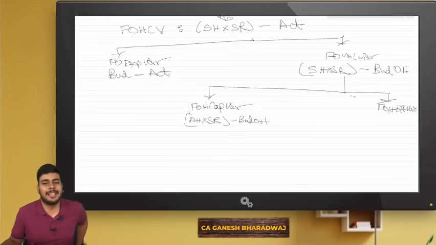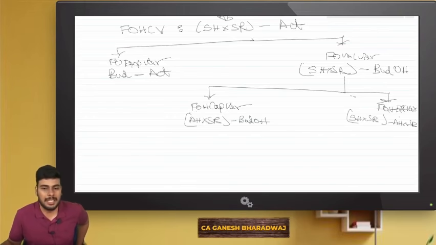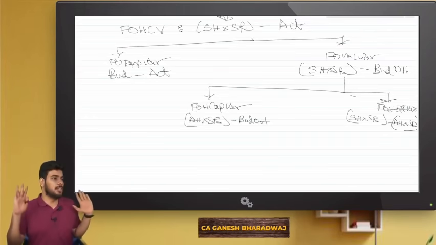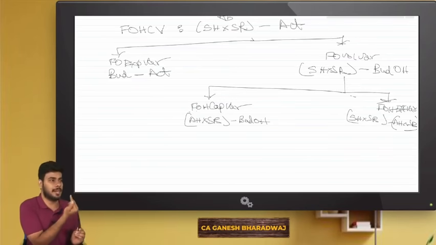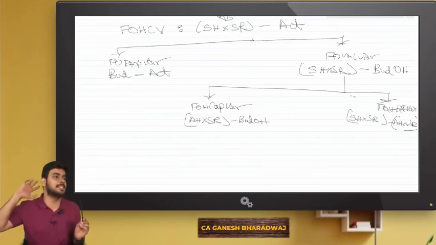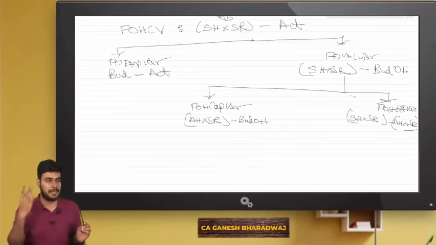Correct or not? And this is the balancing figure: SH into SR minus AH into SR. This is what we saw. Clear, guys? Now, one more addition I will make. Last, final touch. All concepts are over in this chapter. Let's be happy. Fine. One last thing.